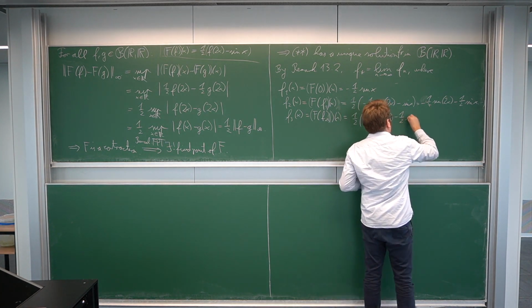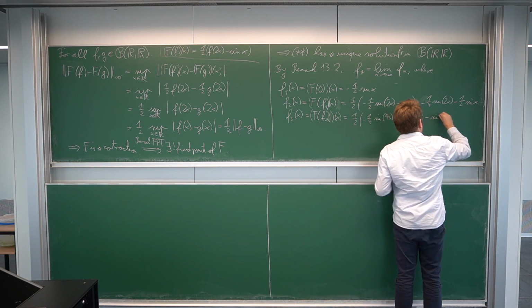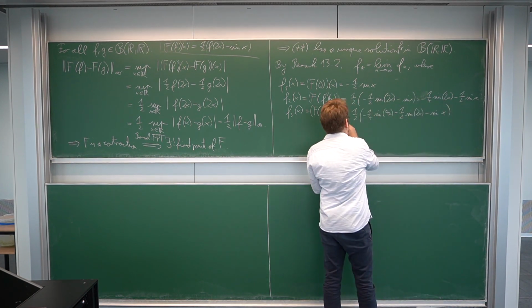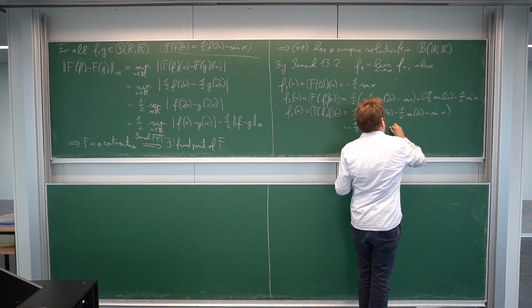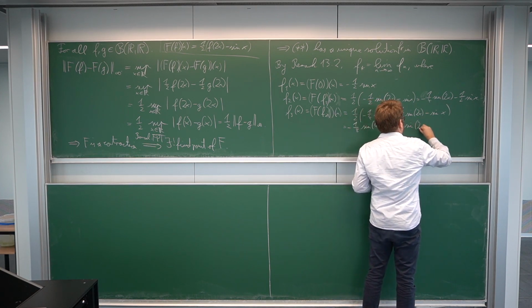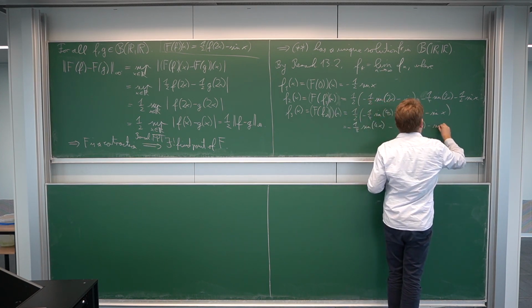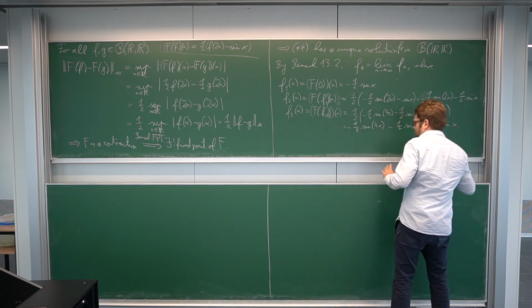Minus 1/2 sine 2x minus sine x, and if we compute everything, this is minus 1/8 sine of 4x minus 1/4 sine 2x minus 1/2 sine x, and so on.